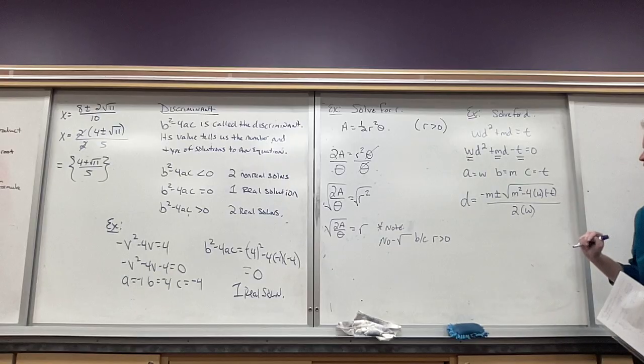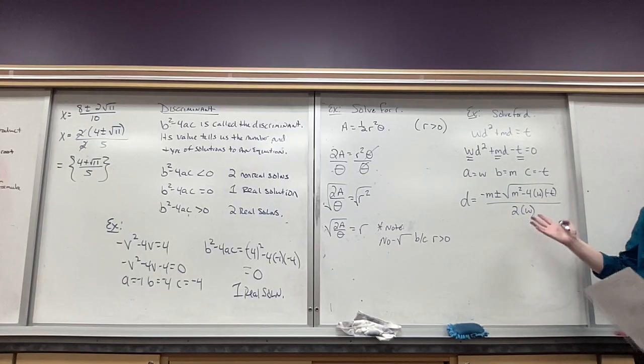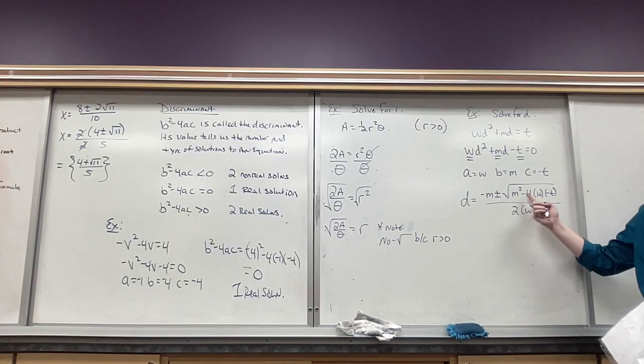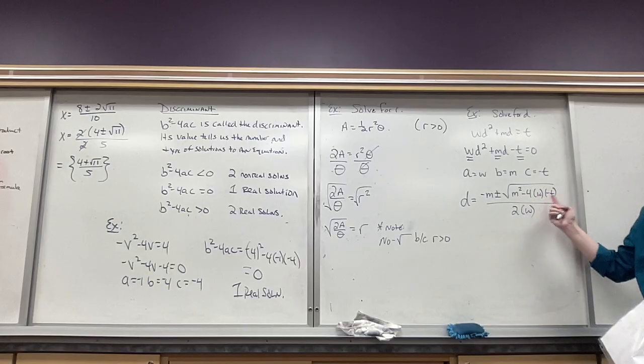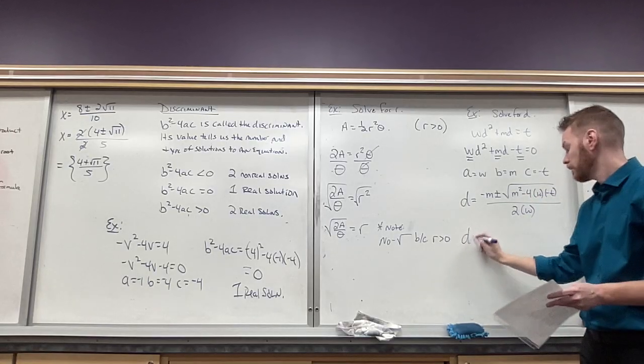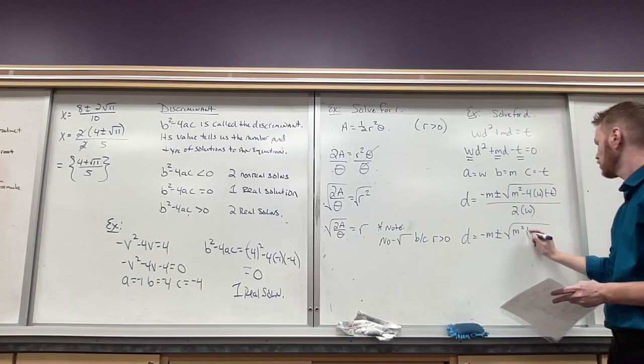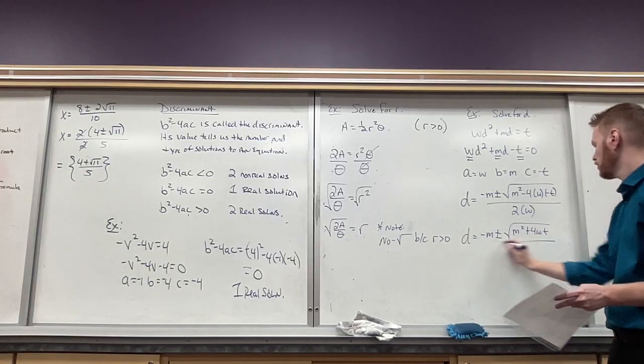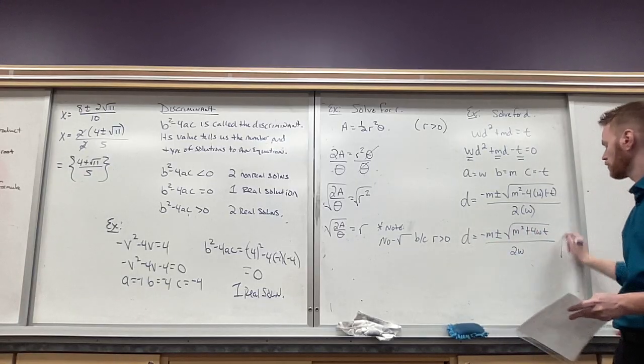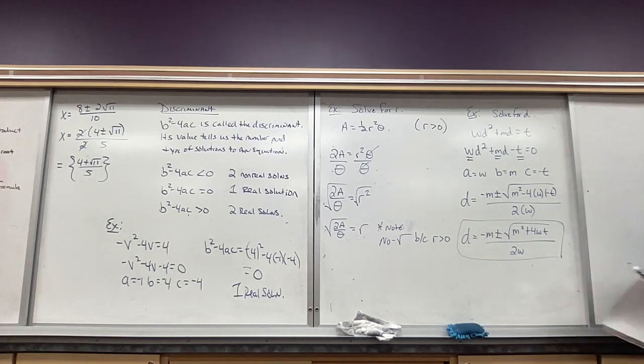It is a little odd at first. Now again, this seems like a mess, but I don't have much to do except this part. These are two negatives, so I can make that a plus sign. And then I'm done. I, unfortunately, cannot do anything else until they tell me what these variables stand for. So that's as far as we can go in terms of solving for d. Okay?